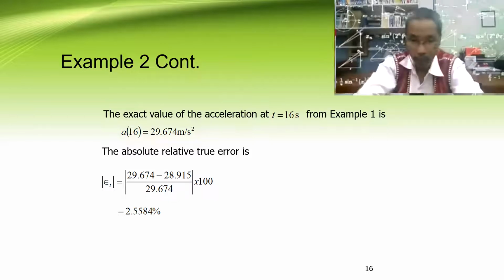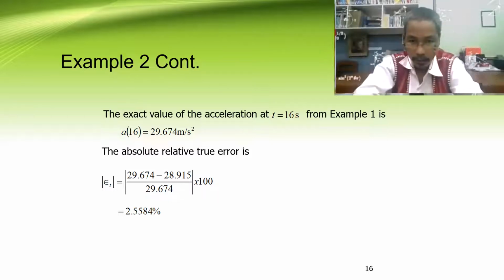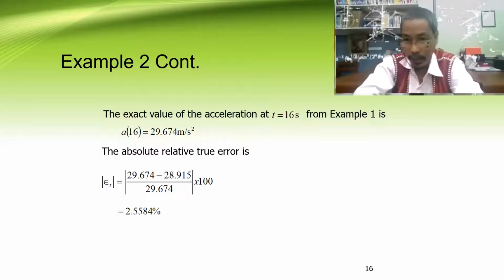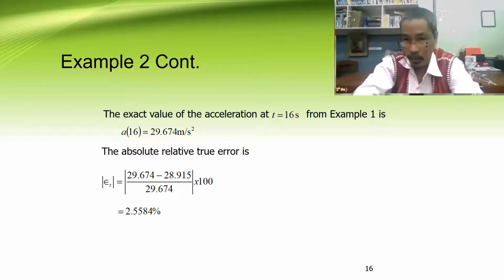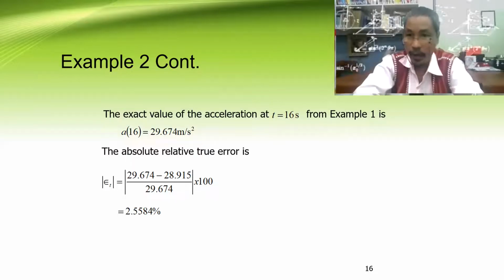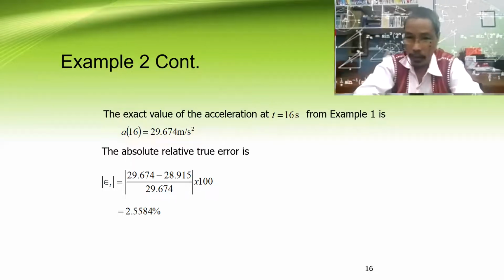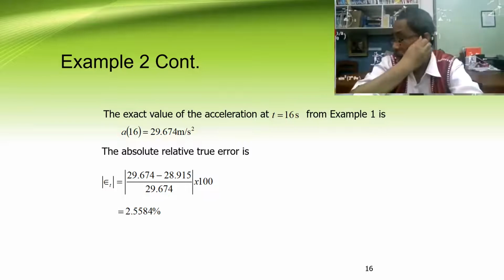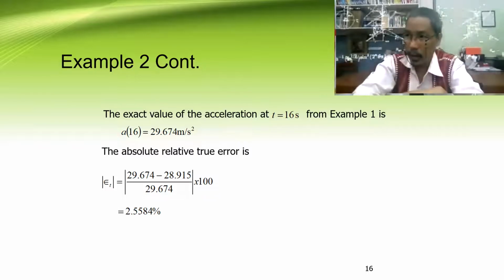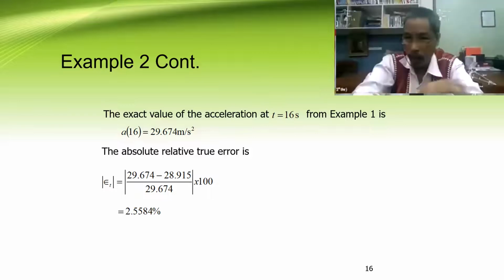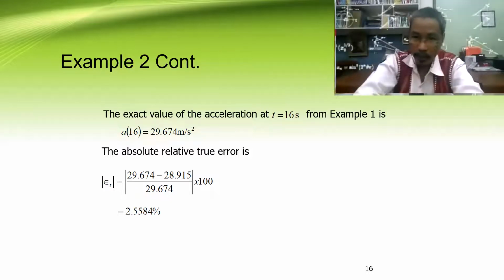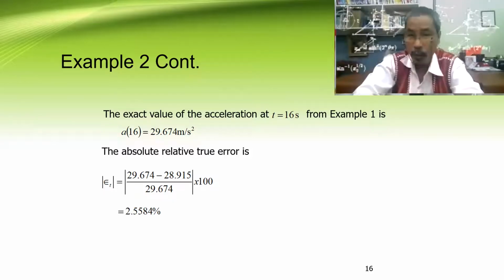In other examples, we can expect that sometimes the forward difference approximation method may give us lesser error than the backward. It just so happens. So what you can do is calculate the forward and calculate the backward, compare, and use the smaller error.